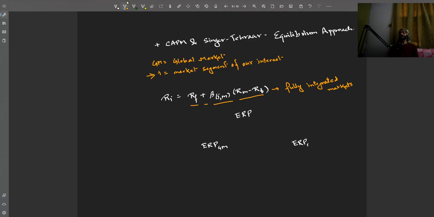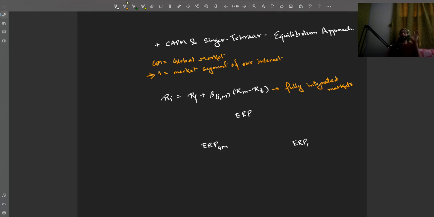Now this is assuming that the markets are fully integrated. The CAPM has an assumption that the markets are fully integrated, right? But in reality, the markets most of the time may not be fully integrated.